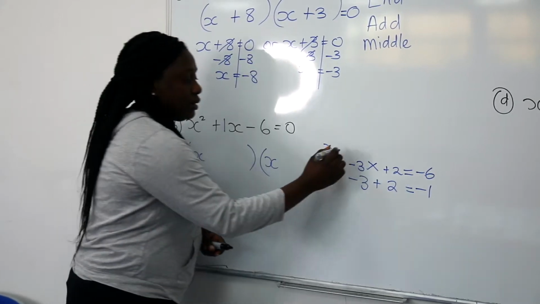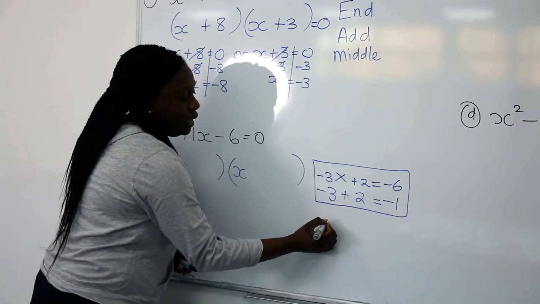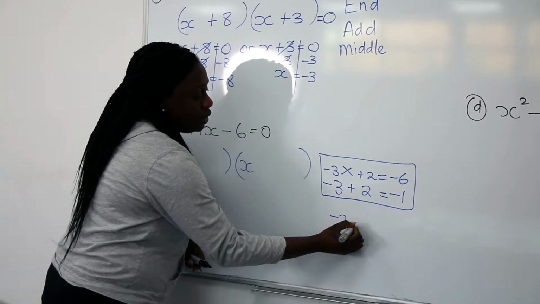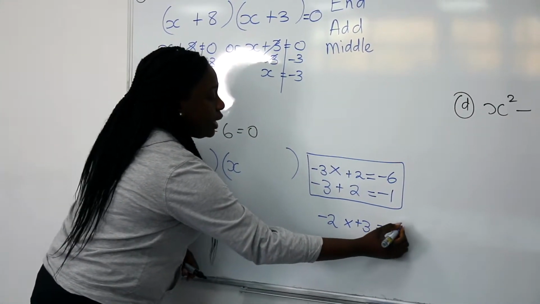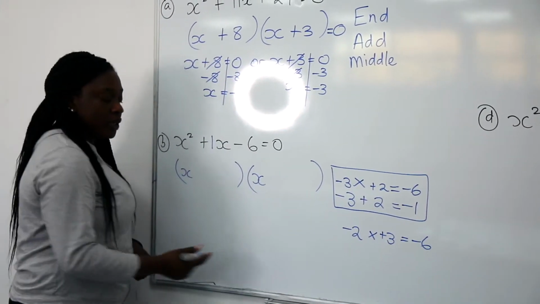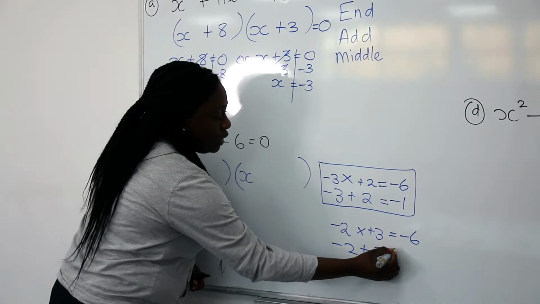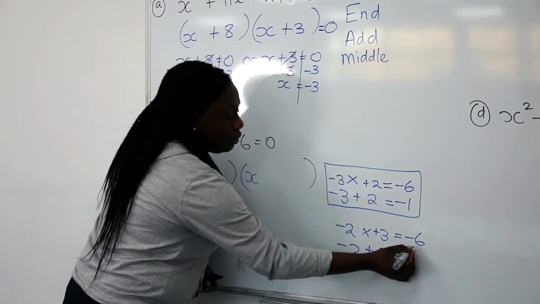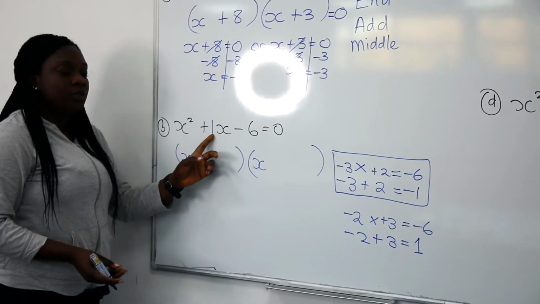So in this case, what about if we swap the signs and we have a negative 2 times a positive 3? Yes, we still get a negative 6. Now, what about if you add the same numbers together? What's negative 2 add 3? We get a positive 1. Is there a positive 1 in the middle?